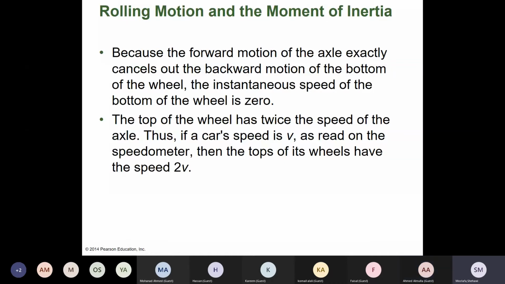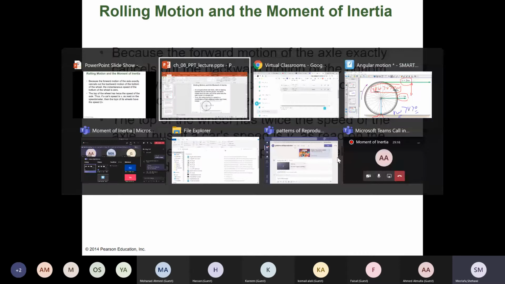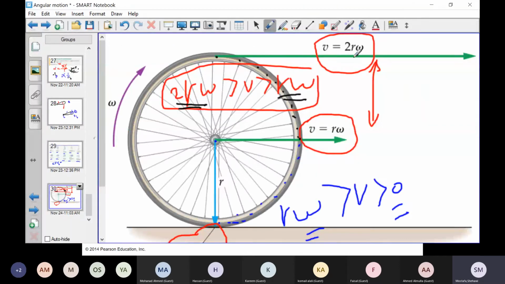This is a very important thing that you have to understand. The car, you have in rolling motion, you have wheels rolling on the road. The speedometer will read which speed? We have ranging speed. If we go back here, I told you we have ranging speed from 2R omega until 0. The speedometer reads the speed of the axis of rotation, which is R omega. You understand this, guys?